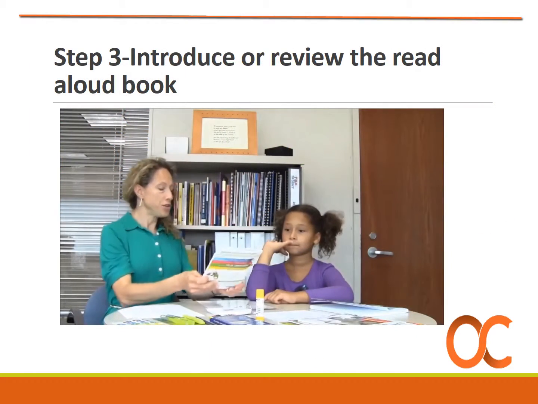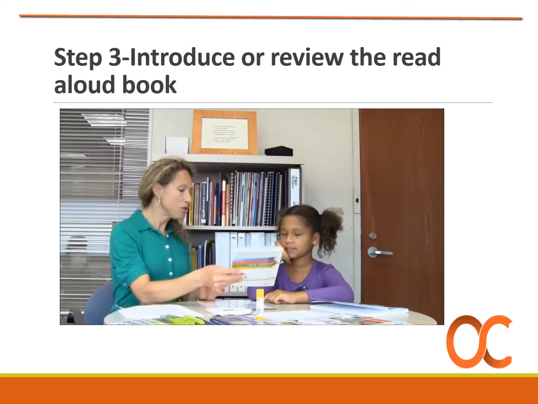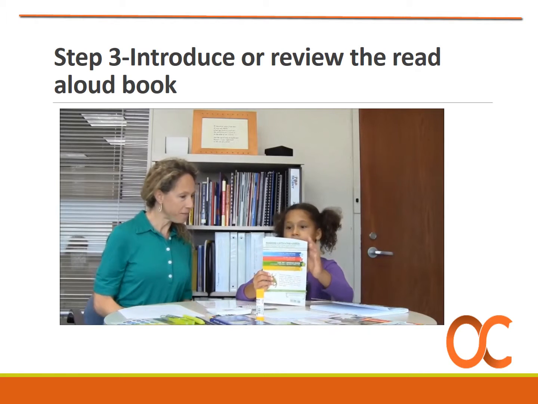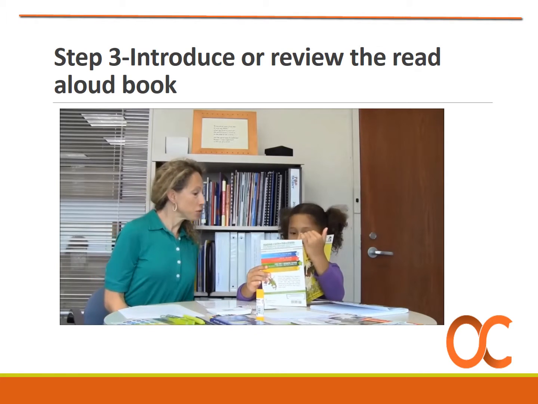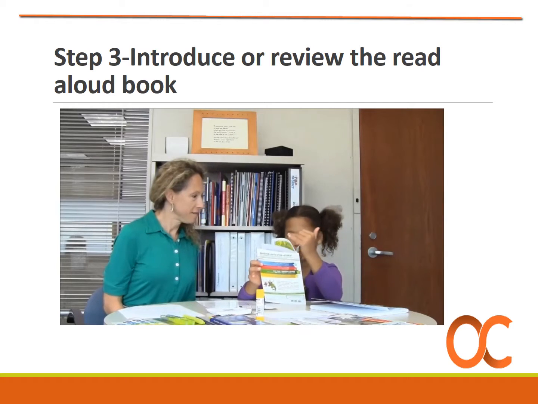Naomi, today we're going to read about Henry and Mudge in the Green Time. Would you like to look through the book and see if you have any questions, and we can talk about it? Just look through the book and see if you have any questions.